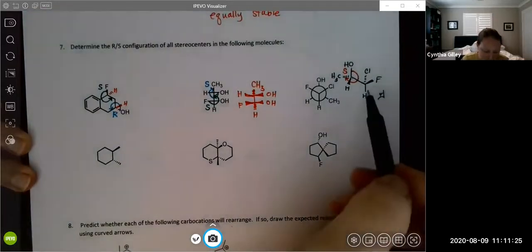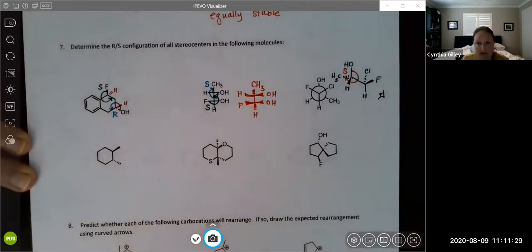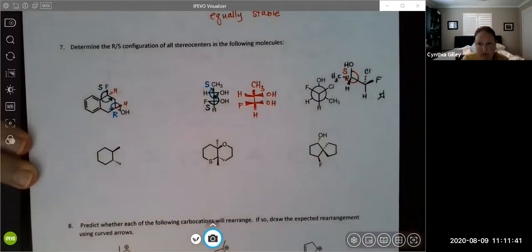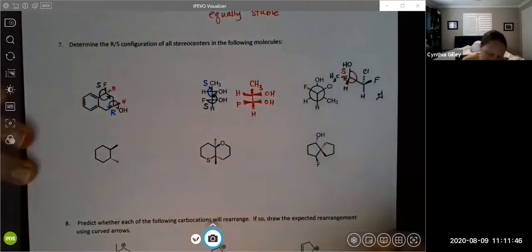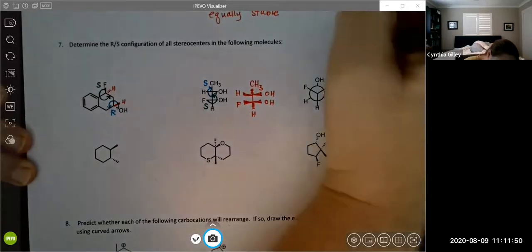This one is a little bit more challenging because the fourth priority group is in the plane, right? So you have some options here. You could do a rotation to get it going back, or you could redraw this where you switch two groups. So for example, I could redraw and keep the back carbon the same.